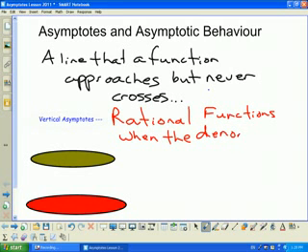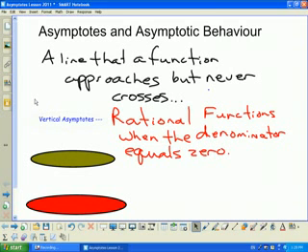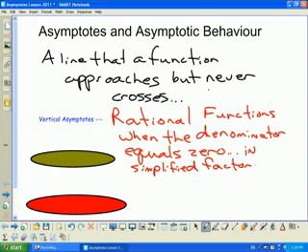So it's when the denominator equals 0, and the numerator does not, in simplified factored form.